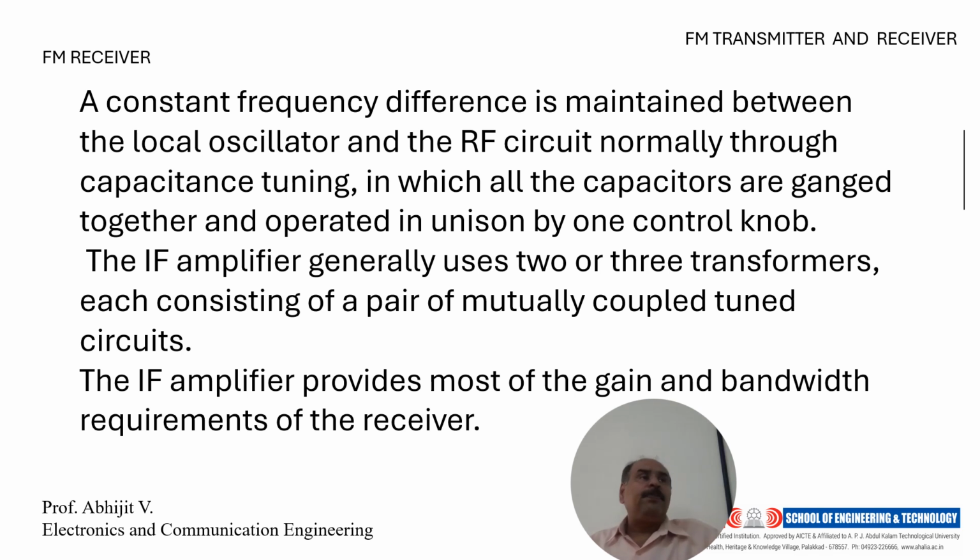A constant frequency difference is maintained between the local oscillator and the RF circuit, normally through capacitance tuning, in which all the capacitors are ganged together and operated in unison by one control knob.